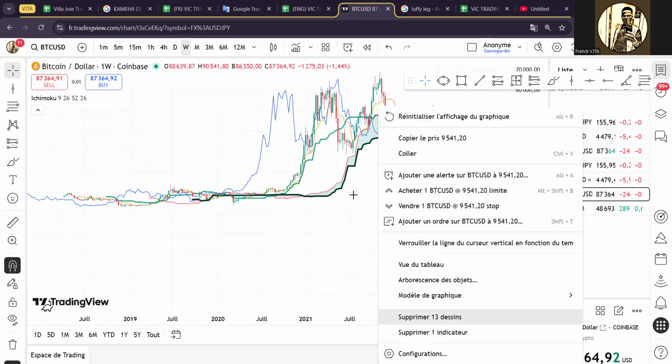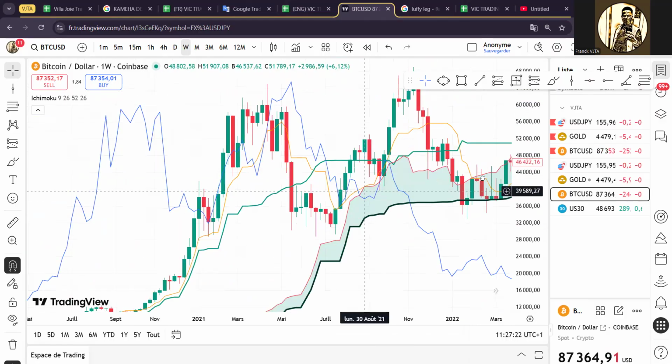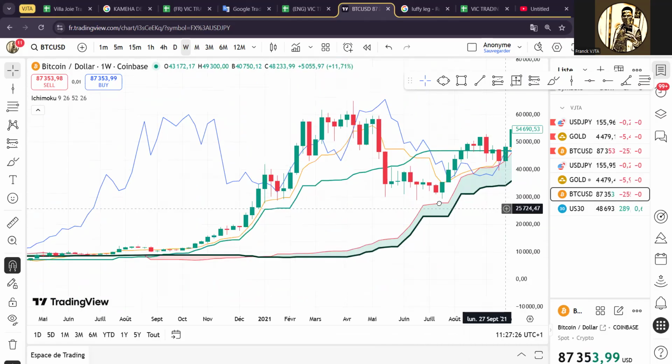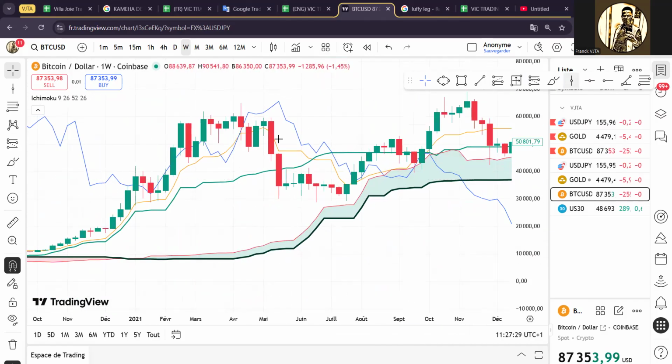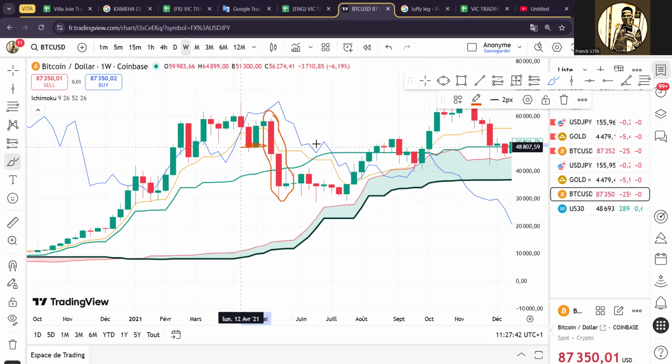See, for example, on the past, look at this. On the past, when we made this correction down here, we had the Luffy leg right there, right? So if the market has to continue, the Bitcoin has to rise again. Minimum it will arrive at the body of this V at the left of the left leg.